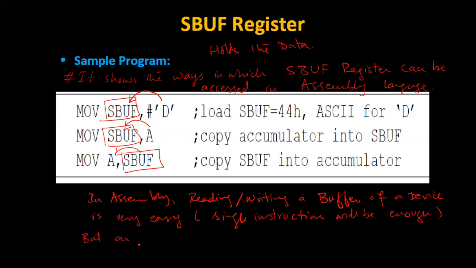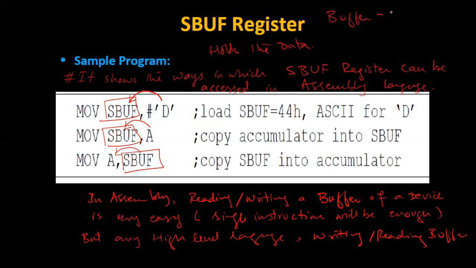But in any high level language, we will see, in C or other languages, writing or reading a buffer. Now by buffer what I mean is, buffer का मतलब है the memory inside a device.